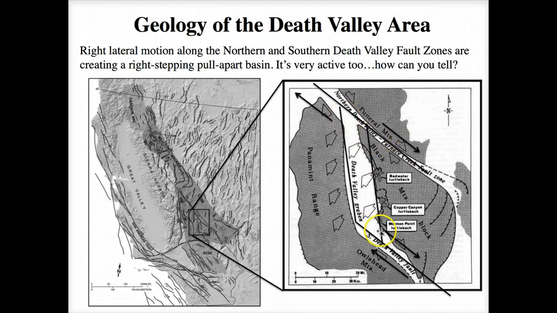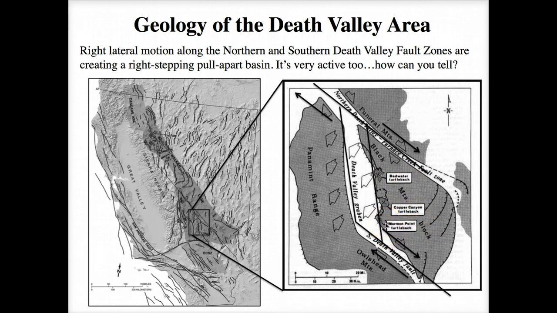Along the western side, you see a very big offset, but you don't see a lot of different, as you'll see in the diagrams I've got in front of you here, that over here we don't see a dramatic offset of ages of rock units. But over on the eastern side, this side, we really see some interesting rocks. And this is the location of these turtlebacks. This is the Badwater turtleback, the Copper Canyon turtleback, and the Mormon Point turtleback.